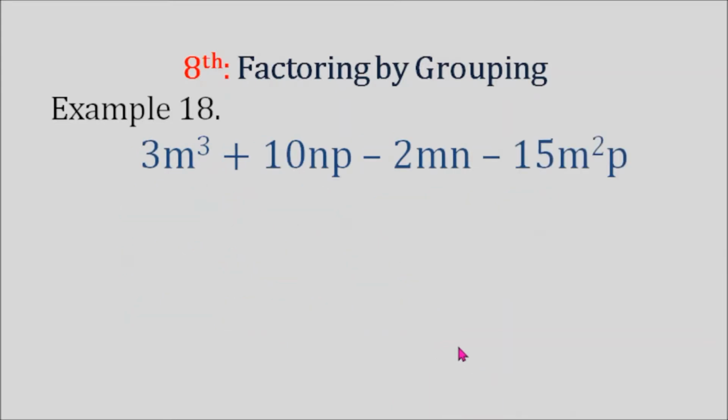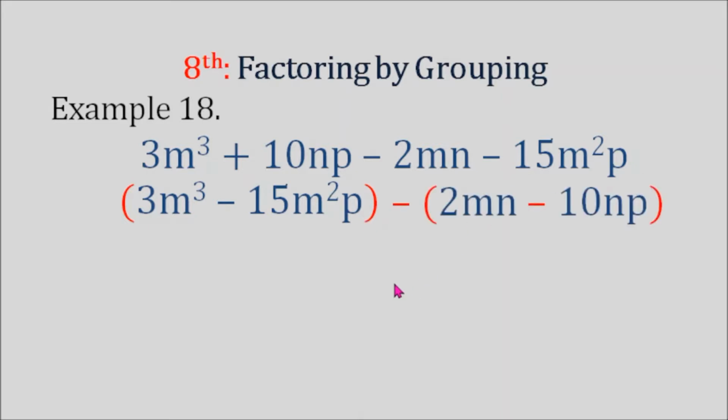Example number 18. Factor 3m cubed plus 10np minus 2mn minus 15m squared p. Here we need to rearrange our terms. So this is the first group, 3m cubed minus 15m squared p. Then for our second group, it's going to be 2mn minus 10np.